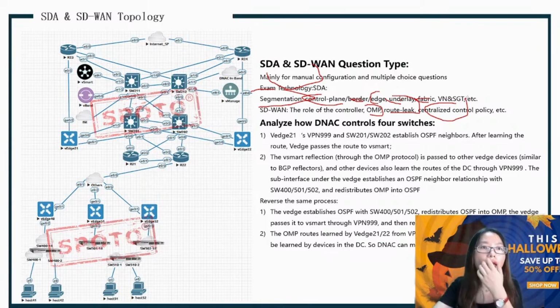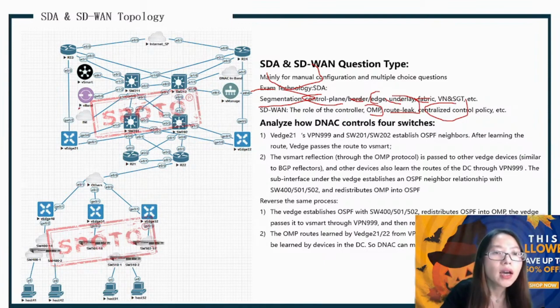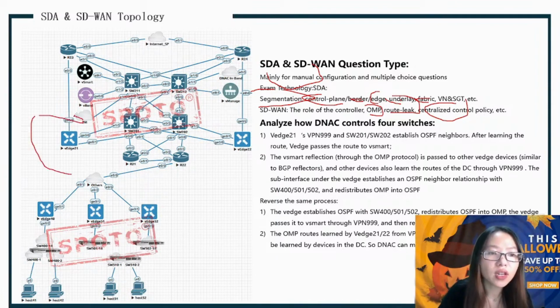In the SDN module, the first thing you should know as a candidate is the role of each controller. You can see in SDN there are many controllers. The first one is VH. You can see the VH, vSmart, vBond, and the vManager.